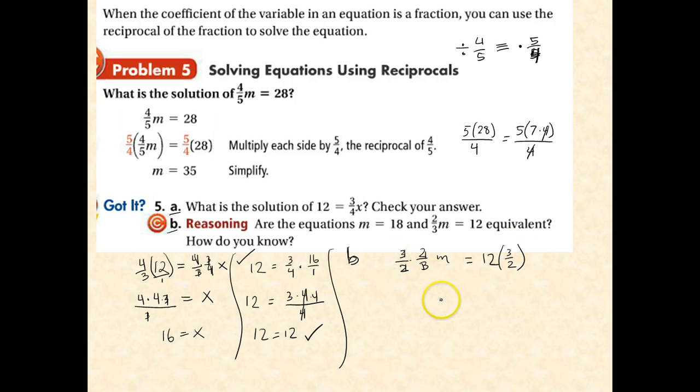These would cancel, and I would get m equals, let's see, 12 is 2 times 6, times 3 over 2. The 2's would cancel, and I get 6 times 3, so m equals 18. So yeah, those are equivalent.